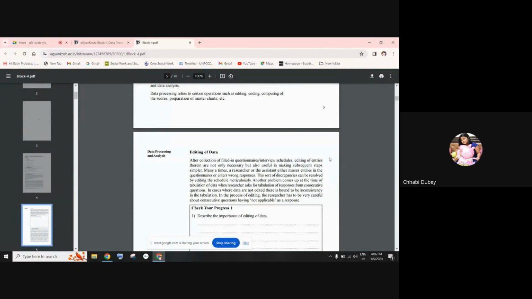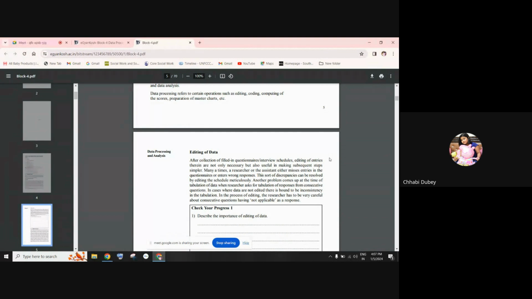Now, the first part is the editing of the data. After the data is collected through either questionnaires or interview schedules or other entries, it's not only necessary but also useful in making subsequent steps simpler. So once the data is collected, you have to make the steps simpler so that you are able to understand what the data presents to you.